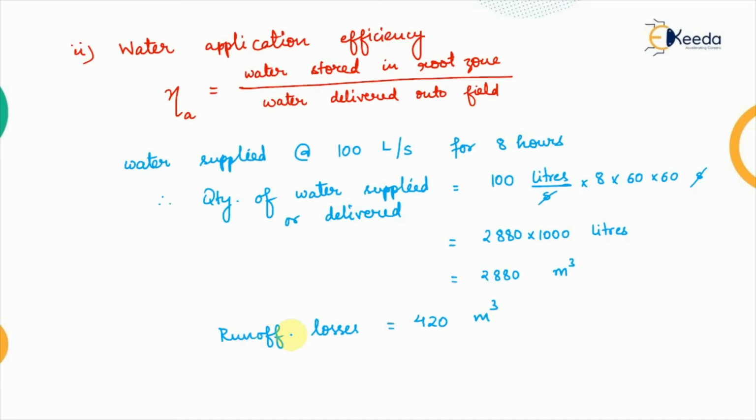Now the remaining one will be stored in the root zone. Therefore the water stored in the root zone will be the difference of these two values. And from here, if we calculate this value, it comes out to be 2460 cubic meters.